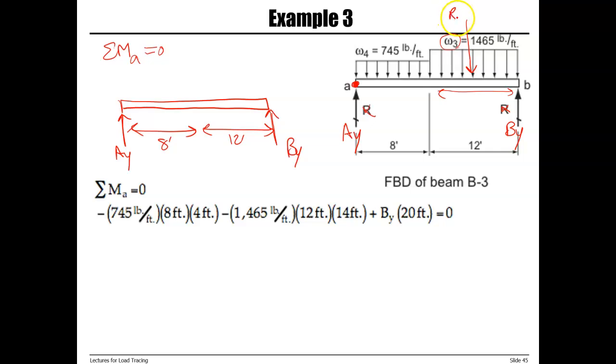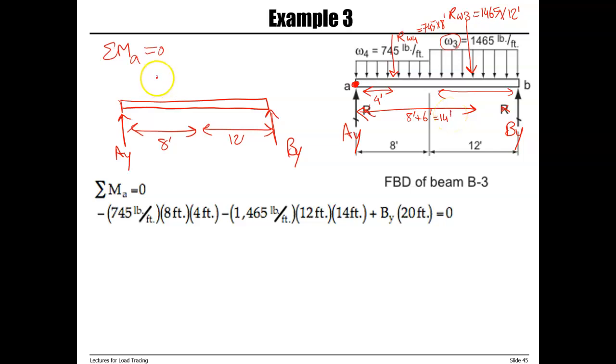So resultant of W3 is equal to 1465 PLF times 12 feet. And resultant of W4 is equal to 745 times 8 feet. And this is 4 feet away from point A. And this one is 8 feet plus half of 12, which is 6, which gives us 14 feet.